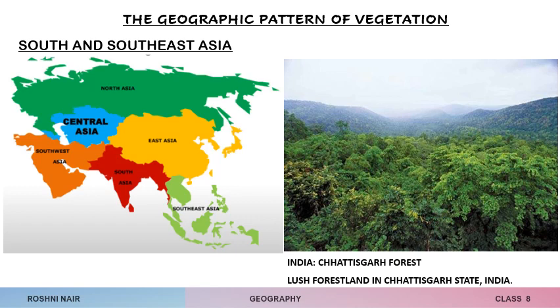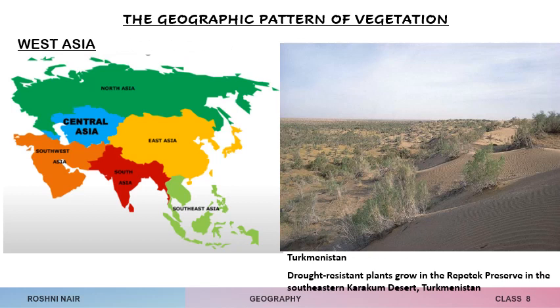Now coming to West Asia. In West Asia, naturally wild vegetation no longer occurs in clearly defined zones, but is dispersed in small areas. The region is predominantly arid.